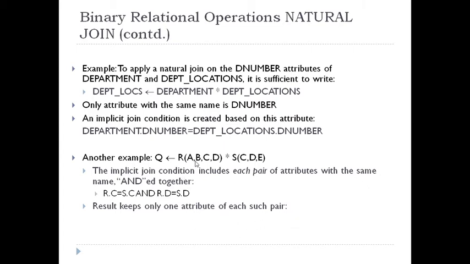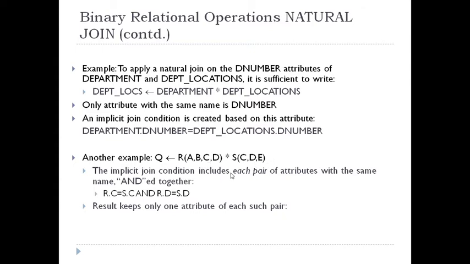That means in the resultant you will get A, B, C, D and E. Only these five. If you do an equijoin by applying this condition, then you'll get A, B, C, D and again C, D, E, so 4 plus 3 attributes.